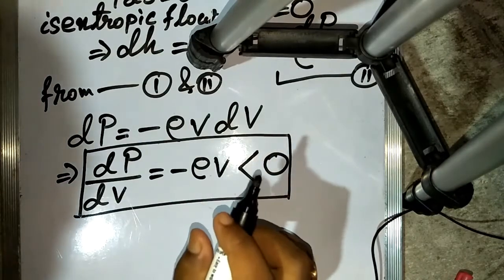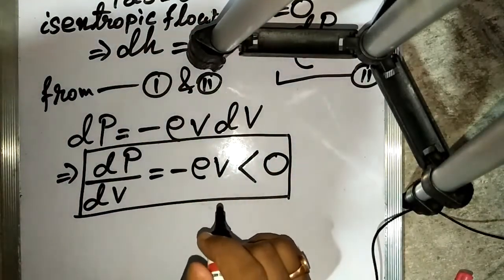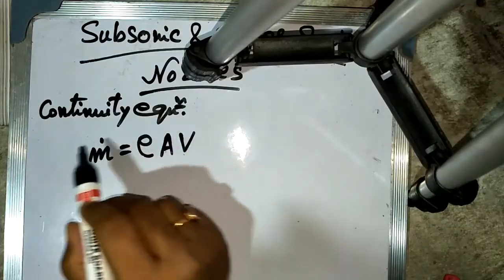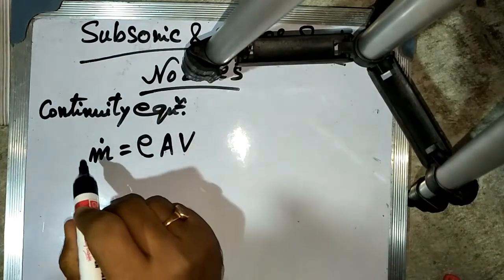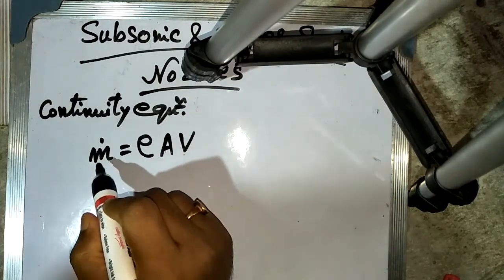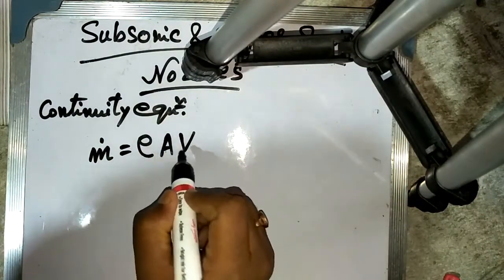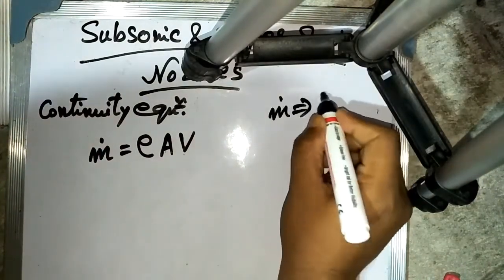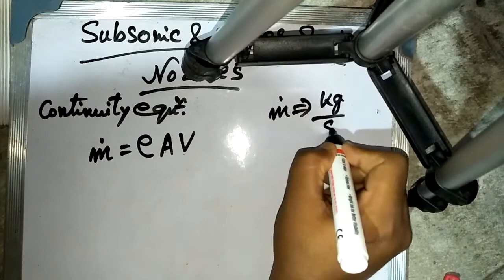Again, from the continuity equation, we can write the mass flow rate m dot equals density into area into velocity. The unit of mass flow rate is kg per second.